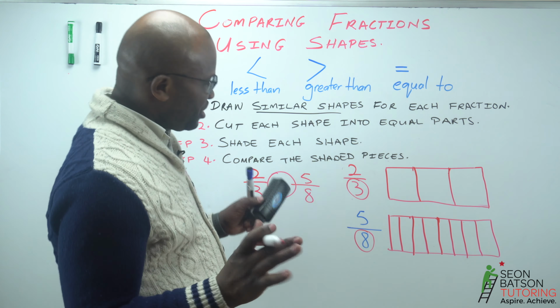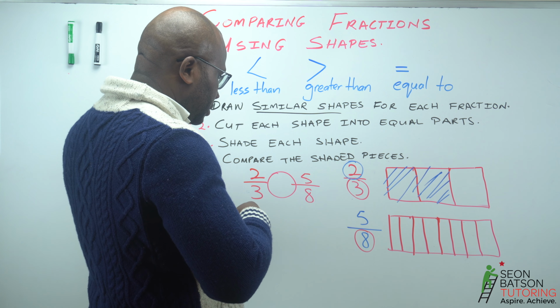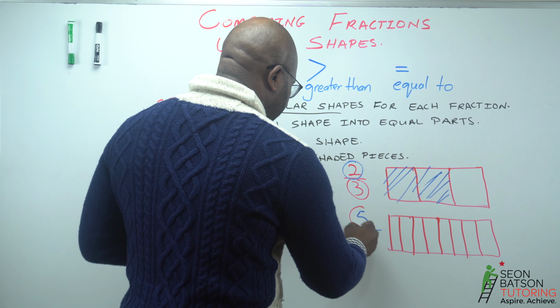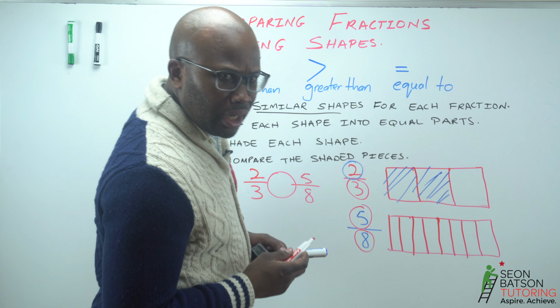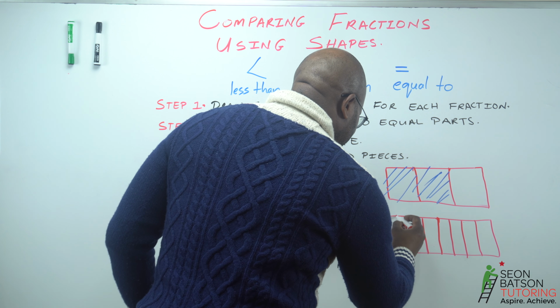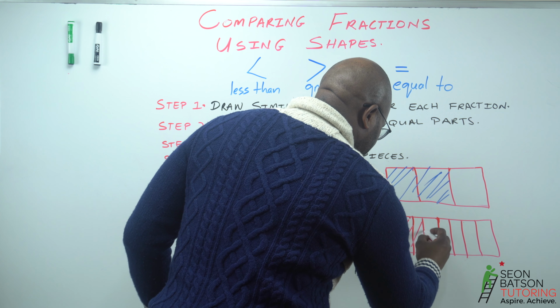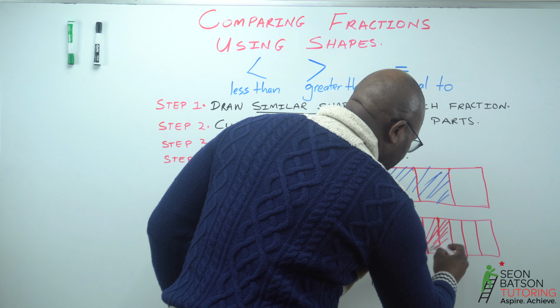So shade 2 parts, that's it. And for the second fraction, the numerator is 5. So we will shade how many parts? I can hear you. Very good. 5 parts. 1, 2, 3, 4. Uh-oh. Look at this right here.